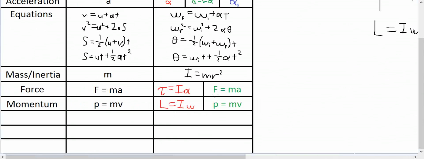So this is from the linear perspective and from the angular perspective.